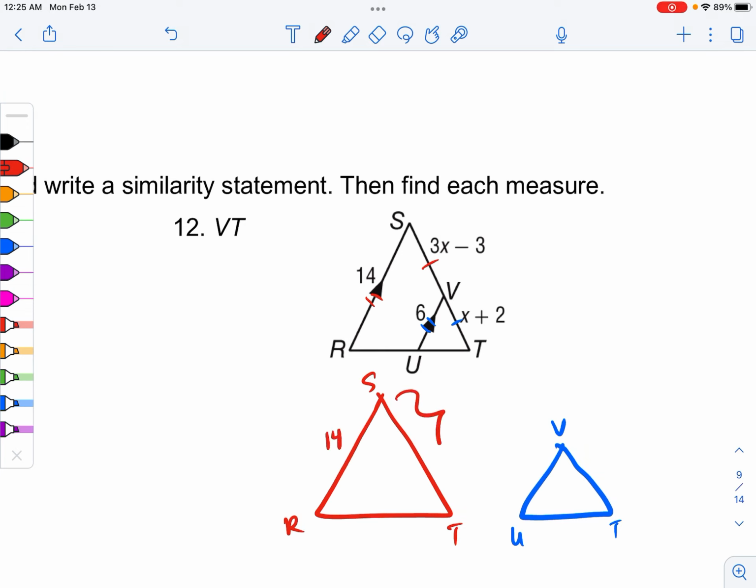This has a length of 14. The red length is actually a combination. ST takes into consideration SV and VT. So in reality, this has a full length of 4x minus 1. Okay? And then VT on the other side is just x plus 2.